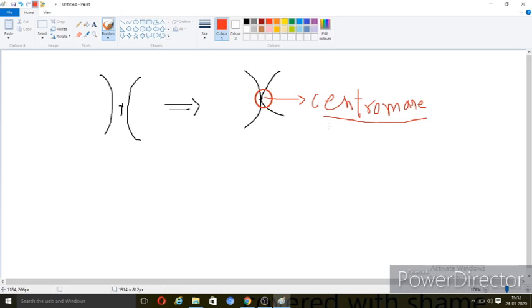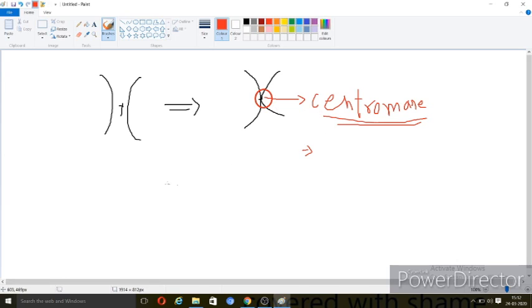If they ask you, a centromere is a point of a chromosome where two chromatins join together. This will be the definition of a centromere. Now what is the function of this centromere? It helps in the attachment of the chromatins.